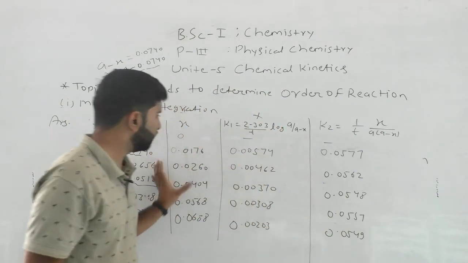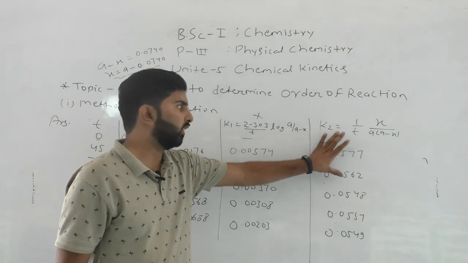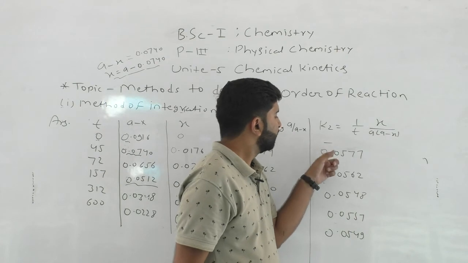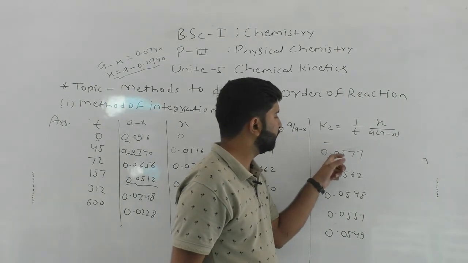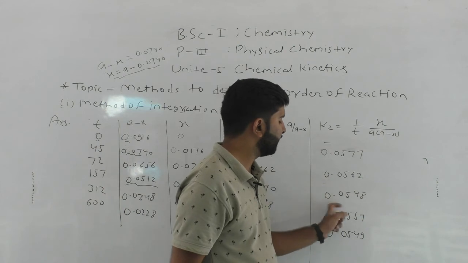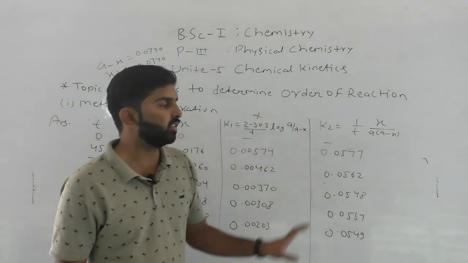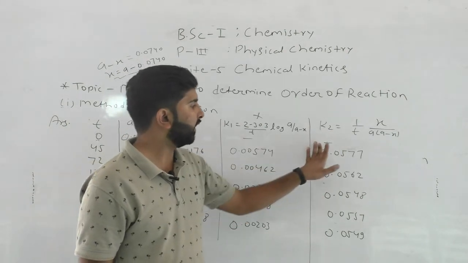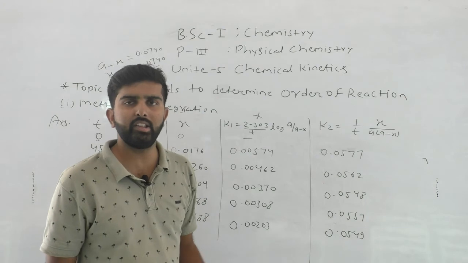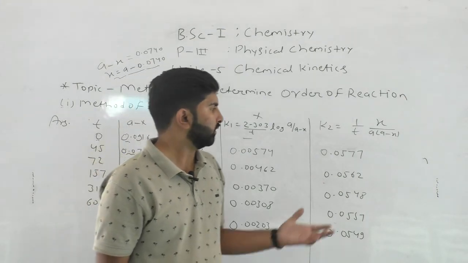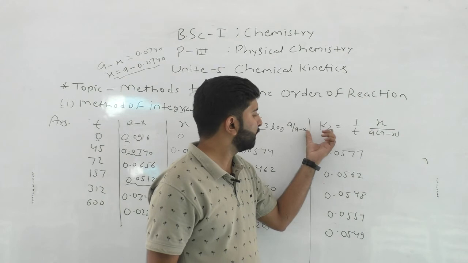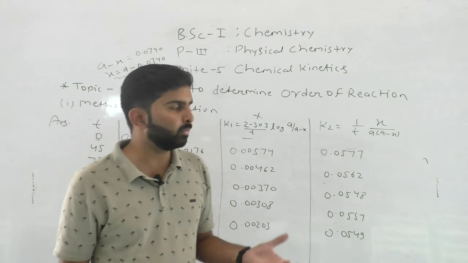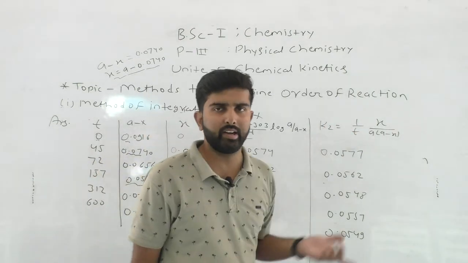Then we put these data into the second order integrated rate law. Here we see that the value of K comes out equal to 0.05, 0.05, 0.05, 0.05. These are constant values for the rate constant. Hence we can say that the order of the reaction is 2, because the values of K come out constant from the second order integrated rate law.